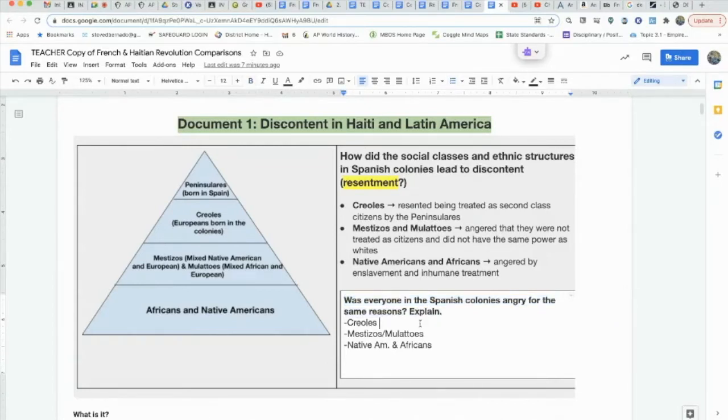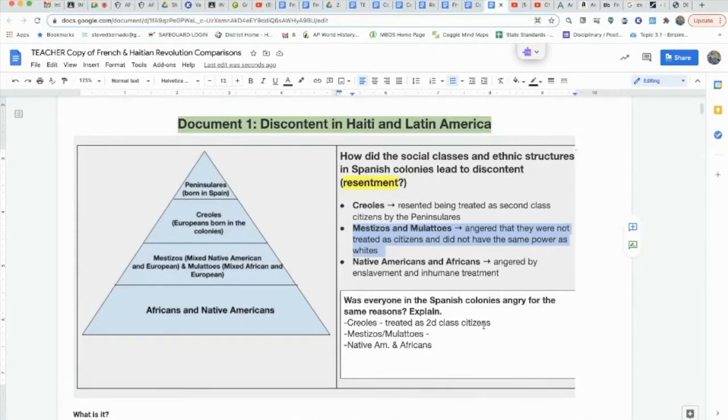Well, the Creoles treated as second-class citizens. So type this. Treated as, we're going to abbreviate, second-class citizens. What about, give you a second. Treated as second-class citizens. That's why they were angry.